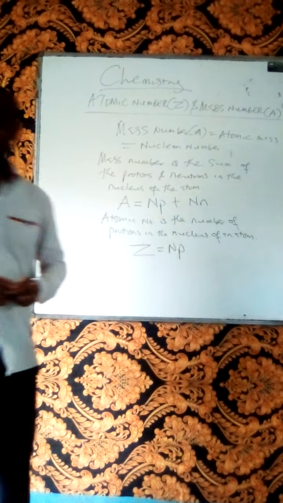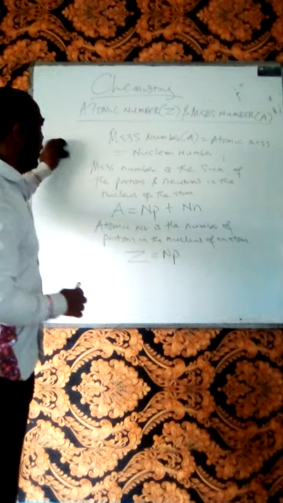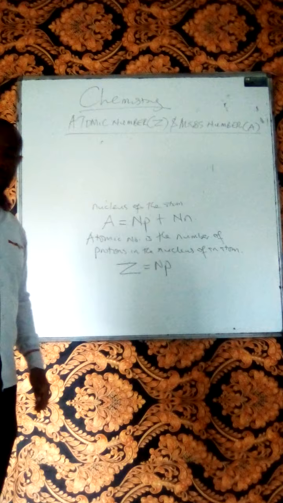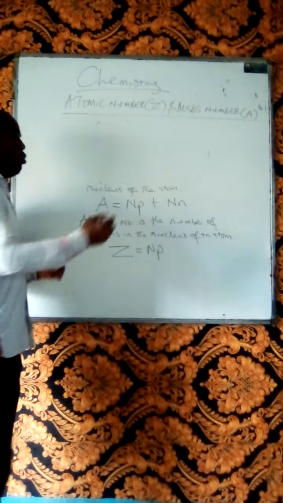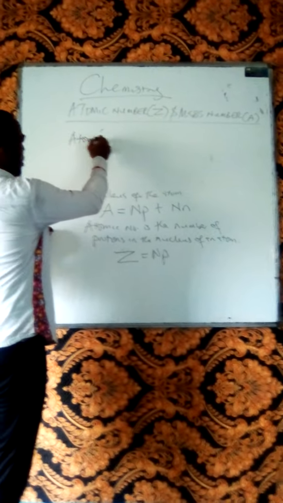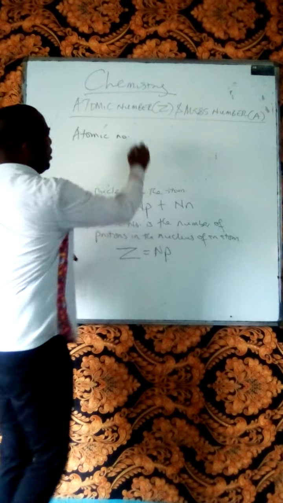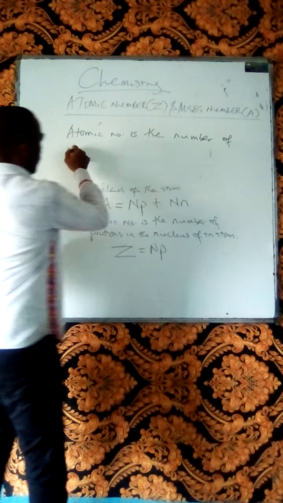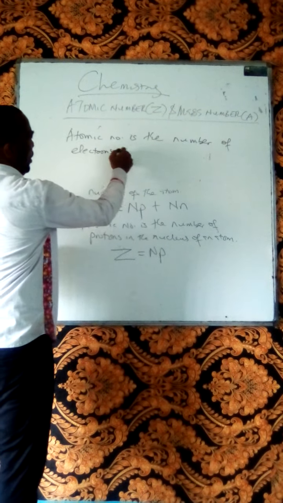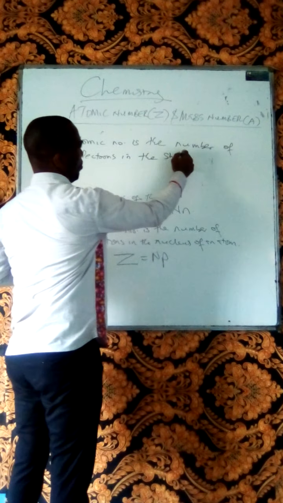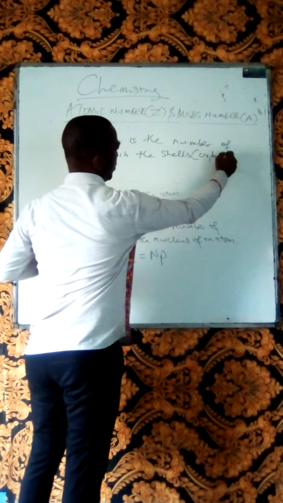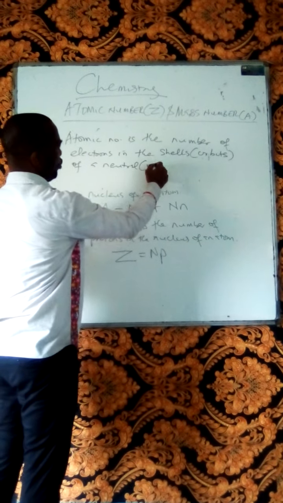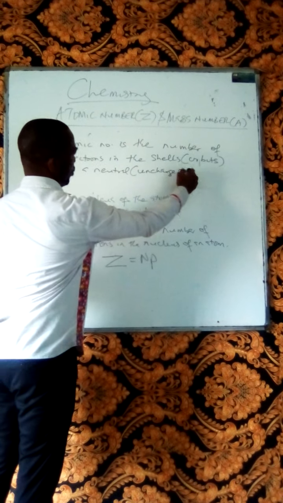Having done that, is there any other way chemists define atomic number? Yes. Apart from saying that atomic number is the number of protons, we can still say that the atomic number of an element is the number of electrons in the shells or orbits of a neutral or uncharged atom.